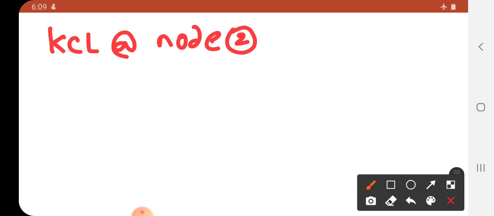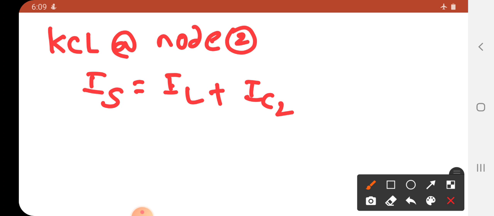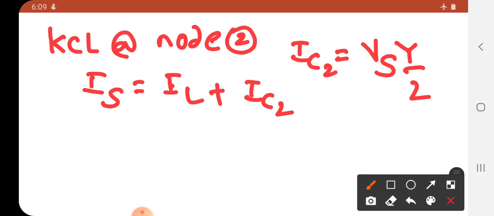What is the equation? Is is equal to IL plus IC2, and we know that IC2 is equal to Vs into Y by 2, because the sending end voltage and shunt admittance are connected in parallel.